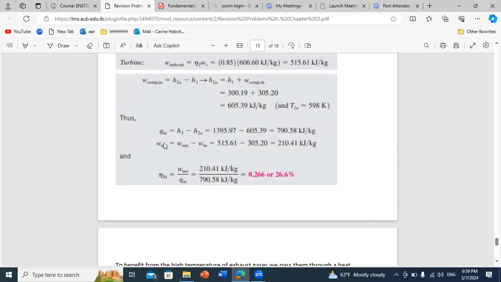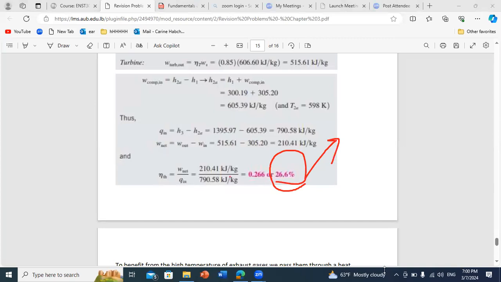So here we just divide by m dot. So m dot will be simplified at the end. We get the thermal efficiency, and as expected, for the gas cycle, the efficiencies are relatively small because we discussed that we have a high amount of losses through the exhaust gases. So to increase this efficiency, we combine the gas cycle to the steam cycle.